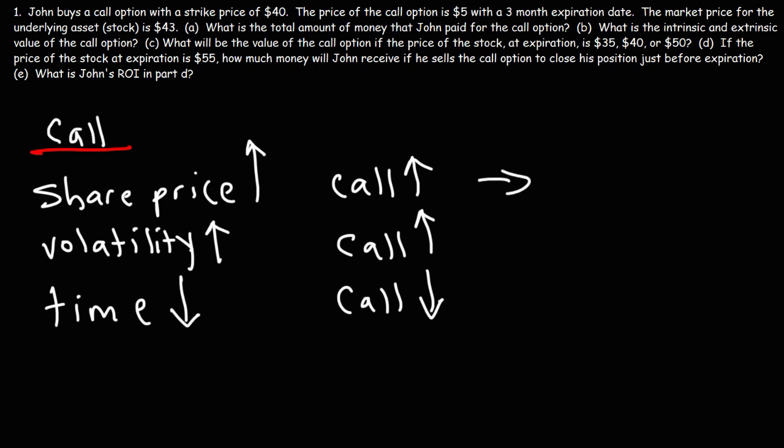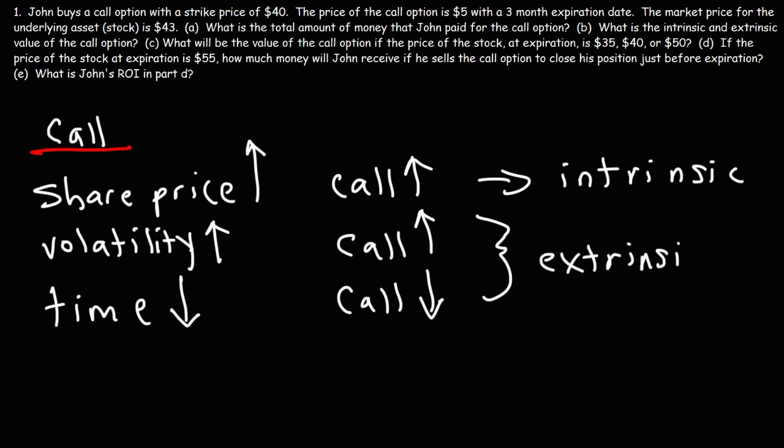So the intrinsic value of the call option depends on the share price. The extrinsic value of the call option is affected by volatility and time decay, how much time the contract has before it expires.